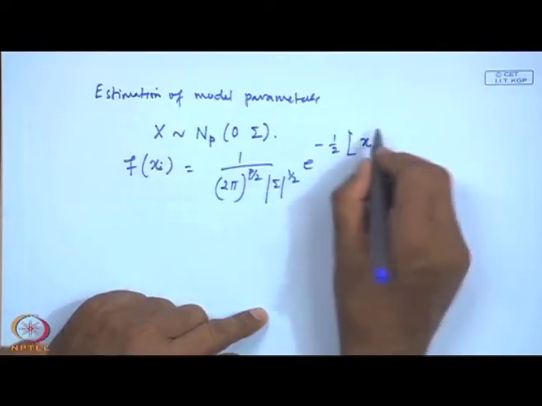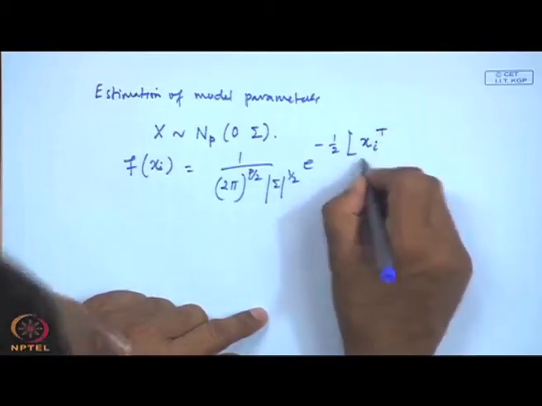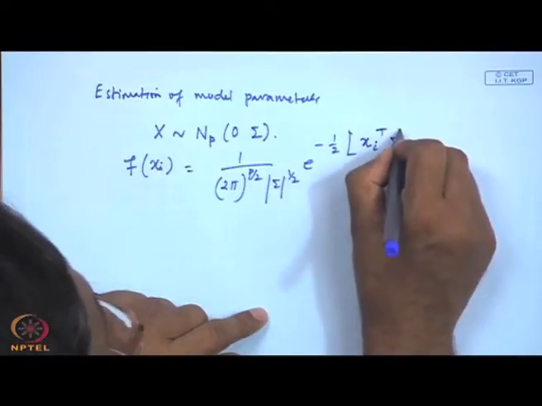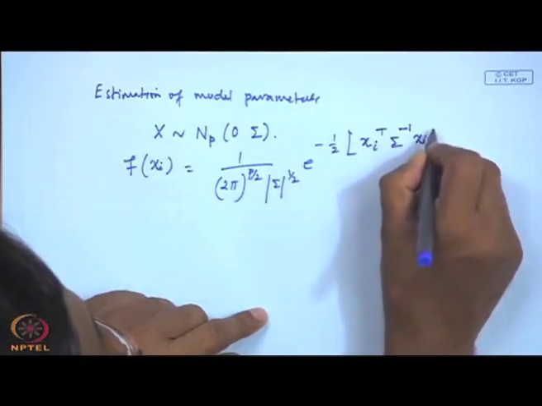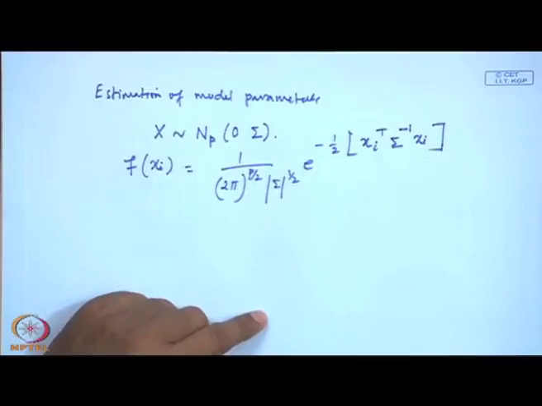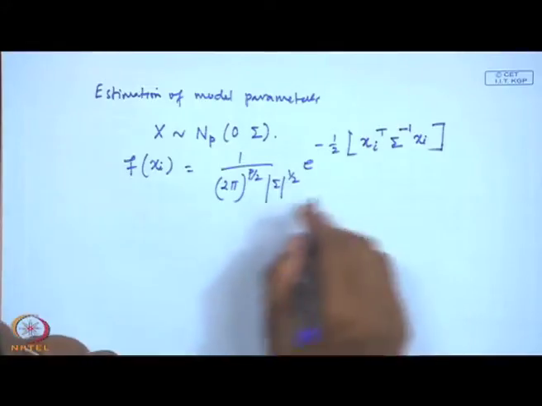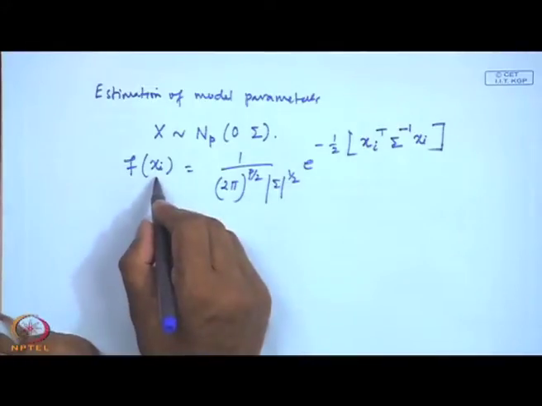So, x i transpose sigma inverse x i. This is the multivariate normal probability density function for a particular multivariate observation.